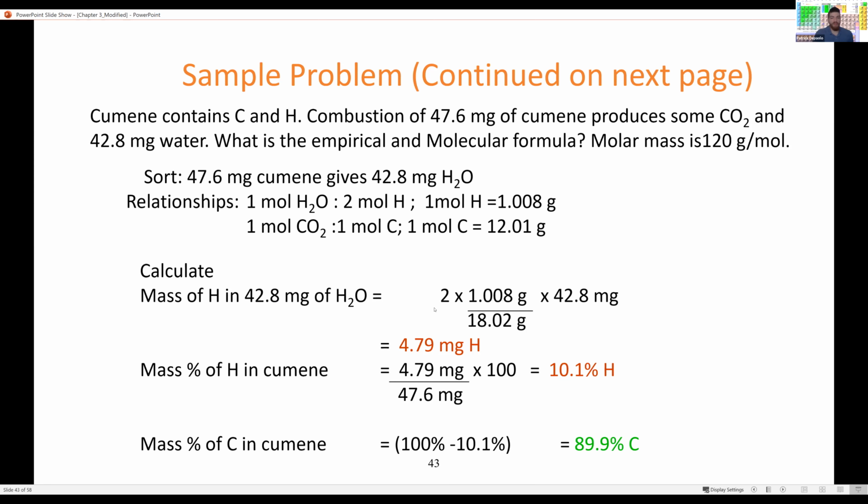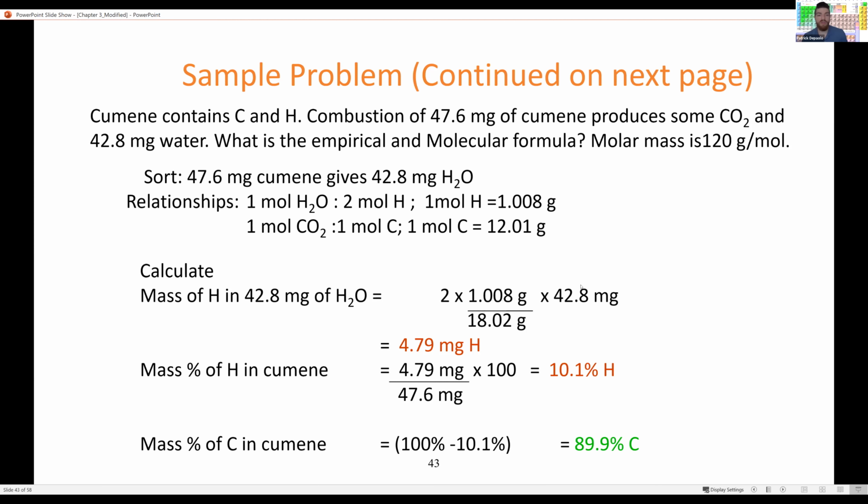So let's look at hydrogen. There are 2 hydrogens in every water molecule, right? The math is weird here, but in essence, we can use that number in a minute. You figure out the molar mass of water and then divide.